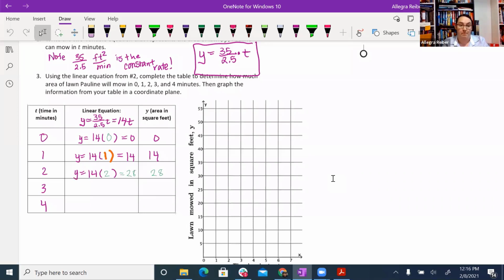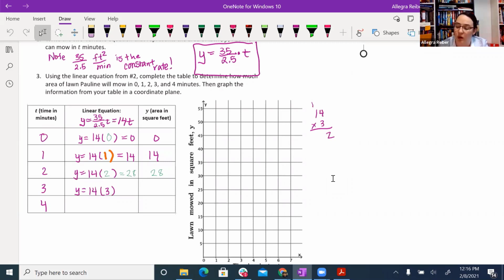Next, if we look at y equals 14 times 3, so what the equation would be when our t is 3, 14 times 3. Let's do that on the side over on the far right here. 3 times 4 is 12. 3 times 1 is 3.